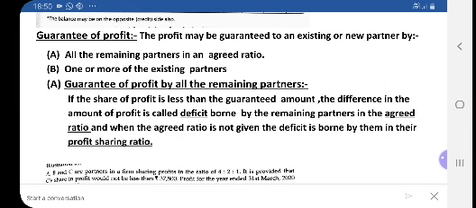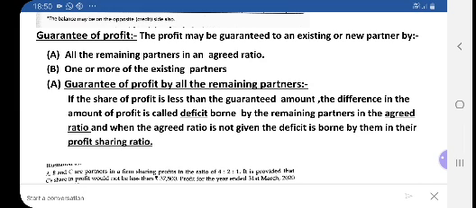And suppose in the current year his share of profit is coming 22,000, which is less than the guaranteed amount. So what is the amount of deficit? That is 3,000. And this 3,000, who will bear?